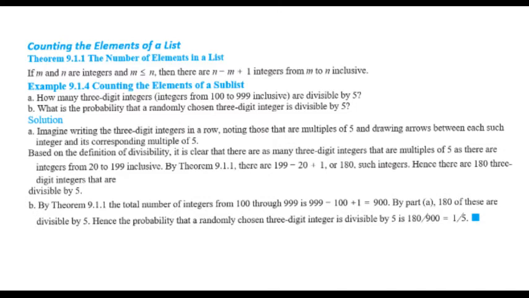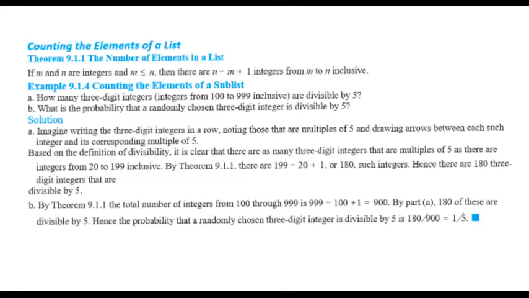As a little bit harder example, consider example 9.1.4 of the book, which asks us to find how many 3-digit integers are divisible by 5. So when we say 3-digit integers, we mean integers from 100 to 999 inclusive, correct?